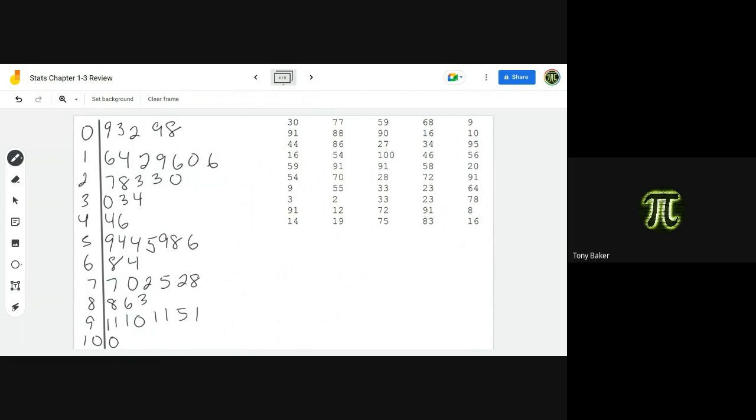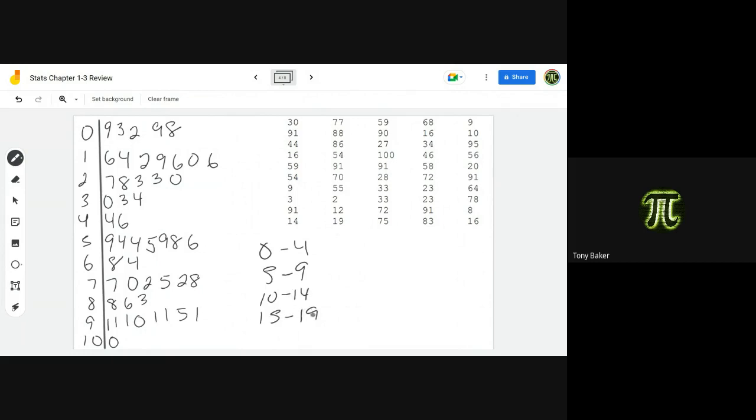Now, to come up with your percentages, I'm going to do a couple of them. I'm not going to do every single one of them. So we've got 0 to 4, and then 5 to 9, and then 10 to 14, and 15 to 19.